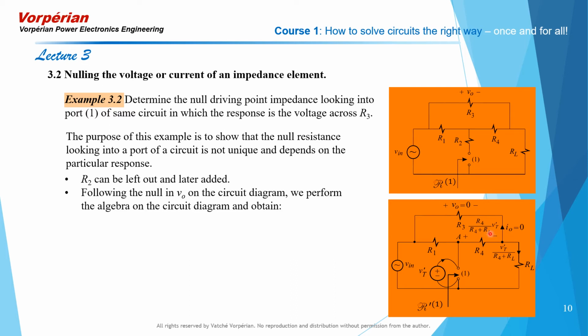This voltage will get impressed on R1 because V0 is 0. So going around this loop here, this voltage appears directly across R1 and it will start a current through it.